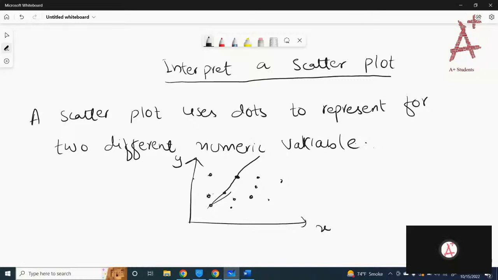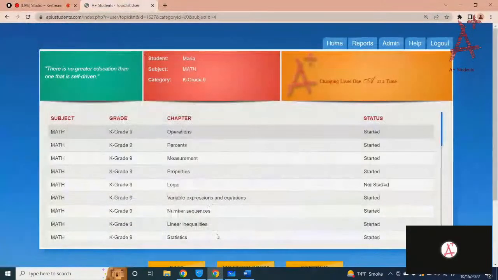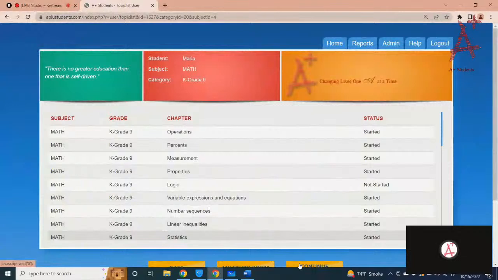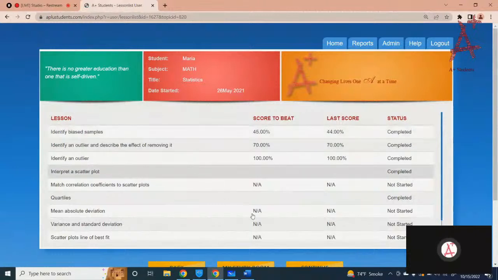Okay, let's start with an example. Grade 9 statistics, interpret a scatter plot.